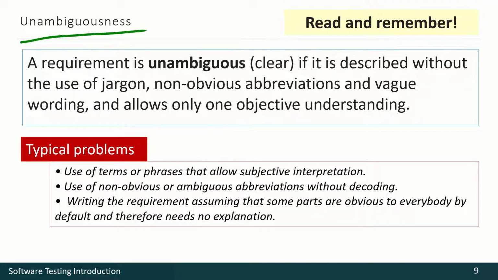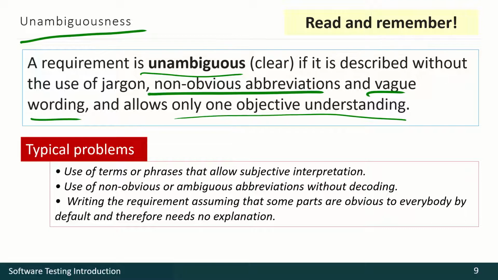The next property is unambiguousness. An unambiguous requirement should provide only one objective understanding. So it should not contain misleading phrases, non-obvious abbreviations, jargon, and so on. Here are some examples of typical problems.